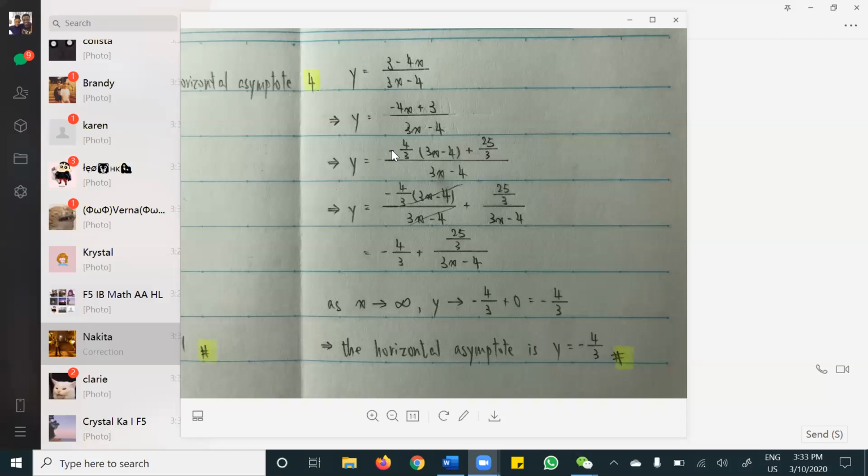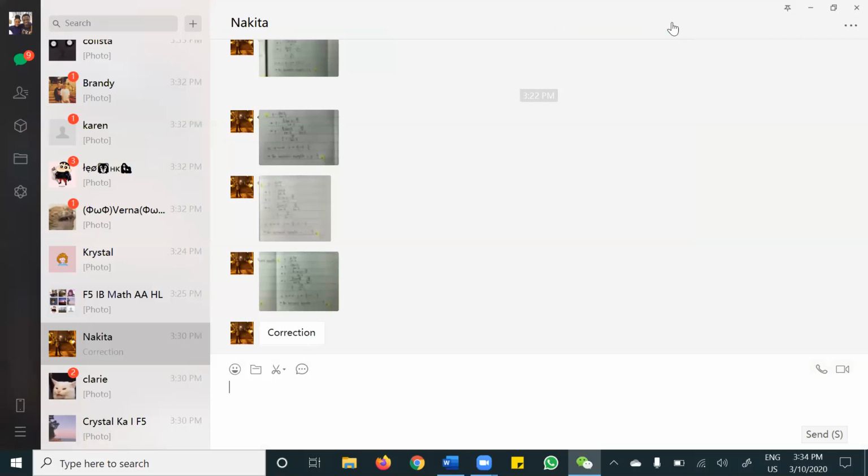If you open this bracket, you're going to get -4x and you're going to get what? +16/3, right? So are you saying +16/3 +25/3 is going to give you back your +3? Oh yeah, I changed it. All right, so take note of that.